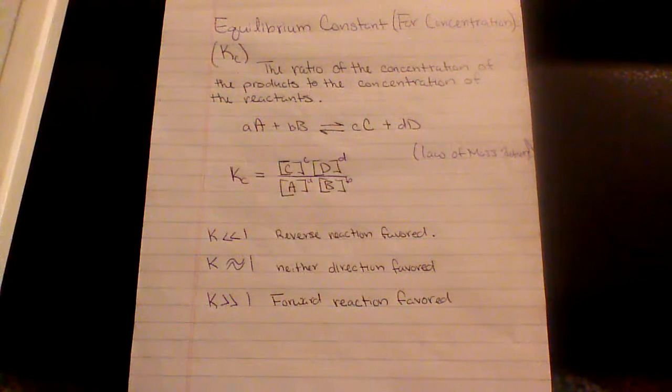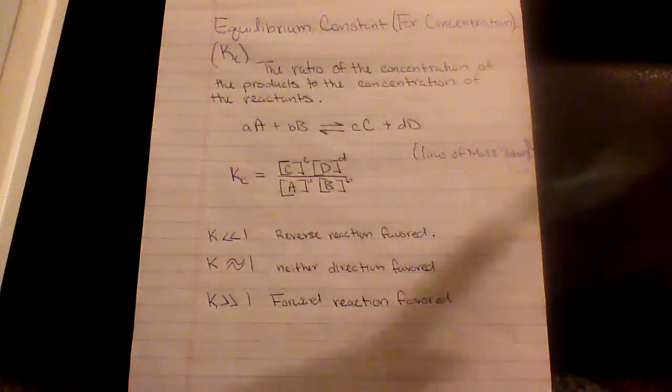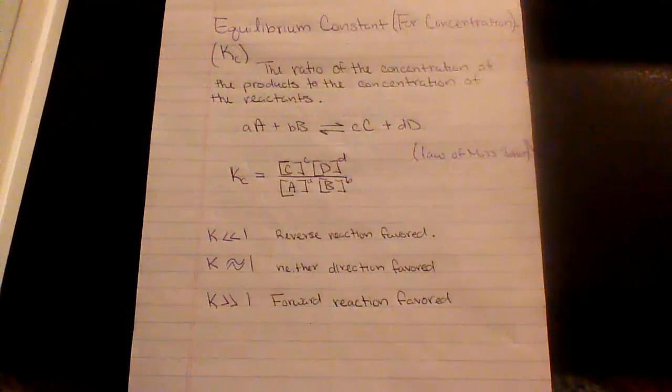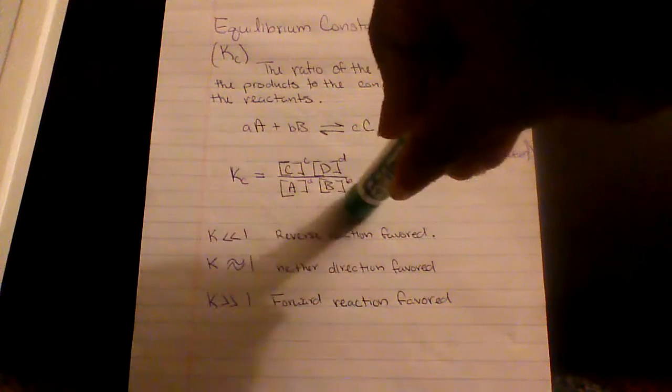In the basic setup for a reversible chemical equation, you have A plus B going to C plus D, where A and B are the reactants and C and D are the products, with their stoichiometric coefficients. K, the equilibrium constant, is equal to the products over the reactants.